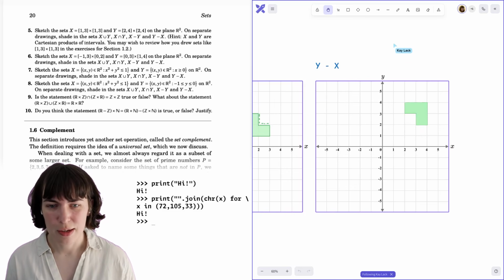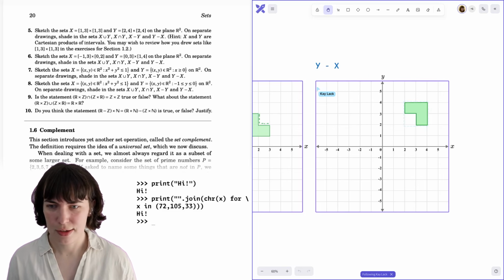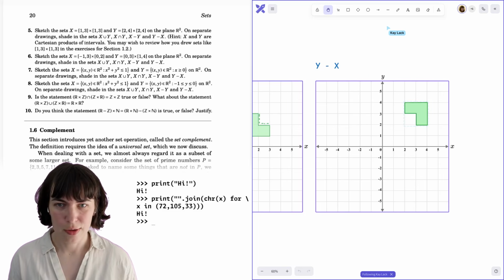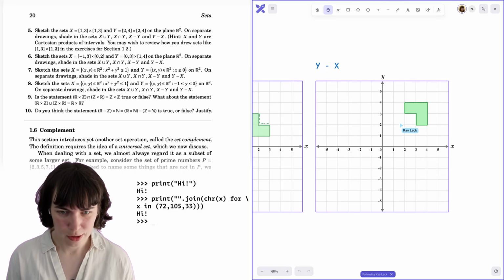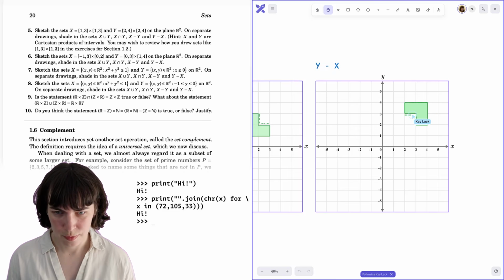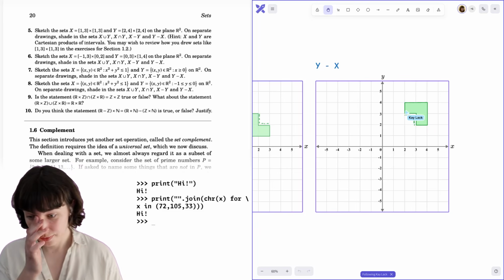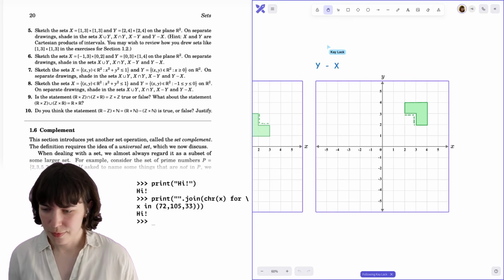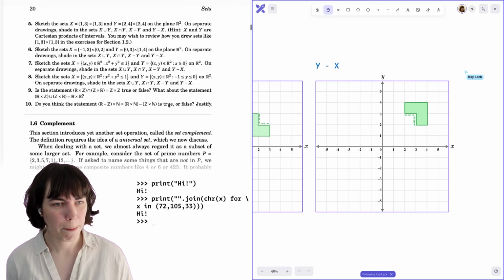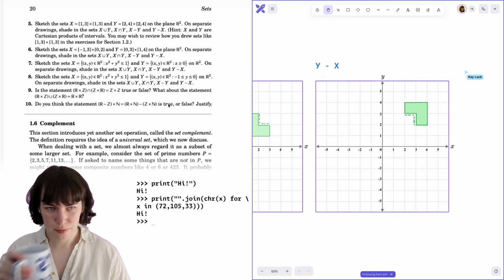Then we're going to have this, and we're going to make these lines along the edge dotted. I think that's what that should be. Okay.